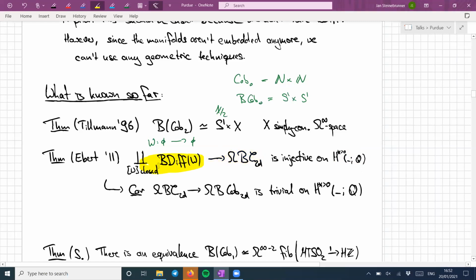But now what I'm doing, if I look at COP-D, is that the map from the topologically enriched bordism category to COP-D is going to mod out all of these moduli spaces. They all collapse to a point because they're diffeomorphic bordisms. And so the composite from here to there and then down to COP-D is a trivial map. And since this one was injective in cohomology, we know that this comparison map between CD and COP-D just has to be trivial in rational cohomology.